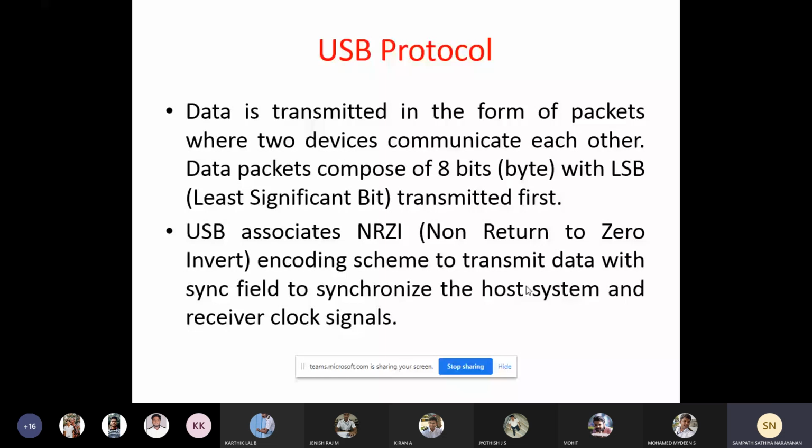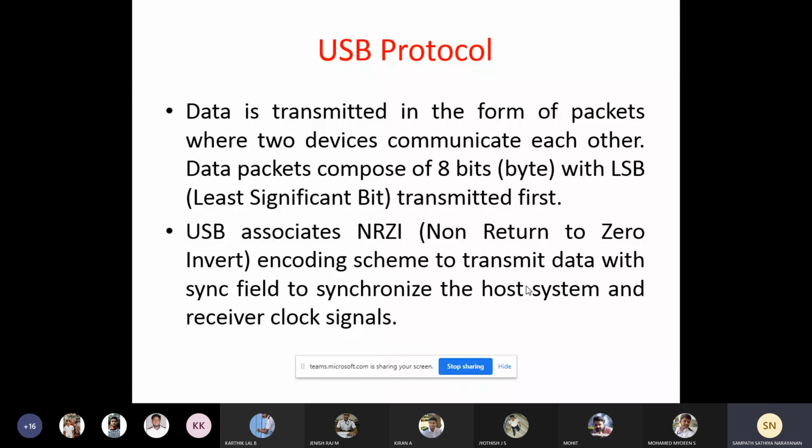And USB supports some encoding schemes. An encoding scheme is the format of how you are going to represent the binary ones and zeros. USB uses non-return to zero inverted. This non-return to zero is nothing but how, with respect to a reference line, the data format is represented.